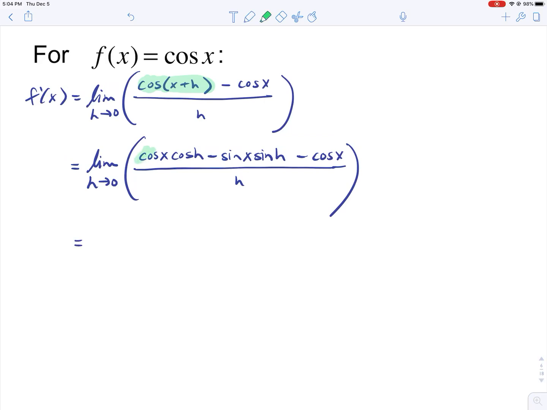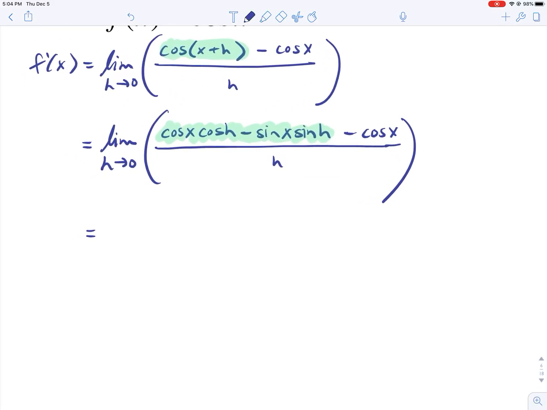And if you are stressing out right now because you don't remember your identities, I will be giving you the identities that you will need. Like I'll give you a little trig identity cheat sheet.